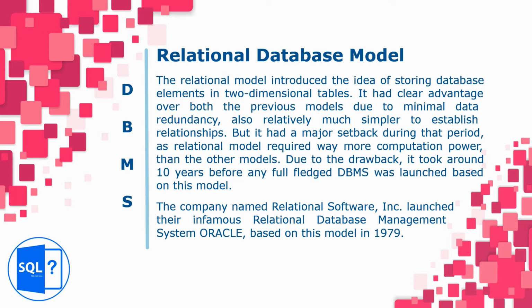Due to this drawback, it took around 10 years before any full-fledged DBMS was launched based on this model. The company named Relational Software Inc. launched their infamous relational database management system named Oracle based on this model in 1979.